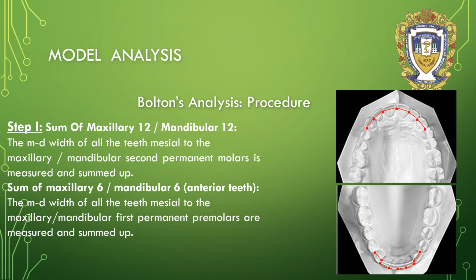Then we can calculate the sum of the maxillary and mandibular 6 anterior teeth from canine to canine. The mesiodistal width of all the teeth mesial to the maxillary and mandibular first permanent premolars are measured and summed up.